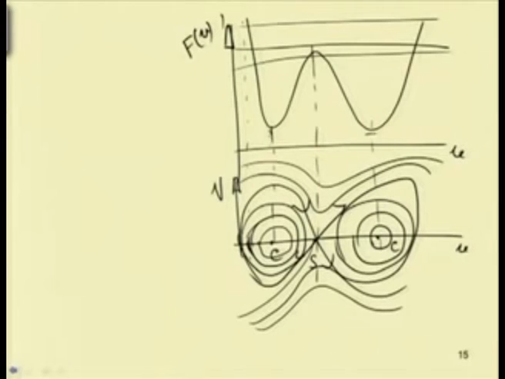Similarly, instead of taking a conservative system, if one takes a non-conservative system, for example the Duffing equation, m x double dot plus c x dot plus k x plus alpha x cube equal to f cos omega t.